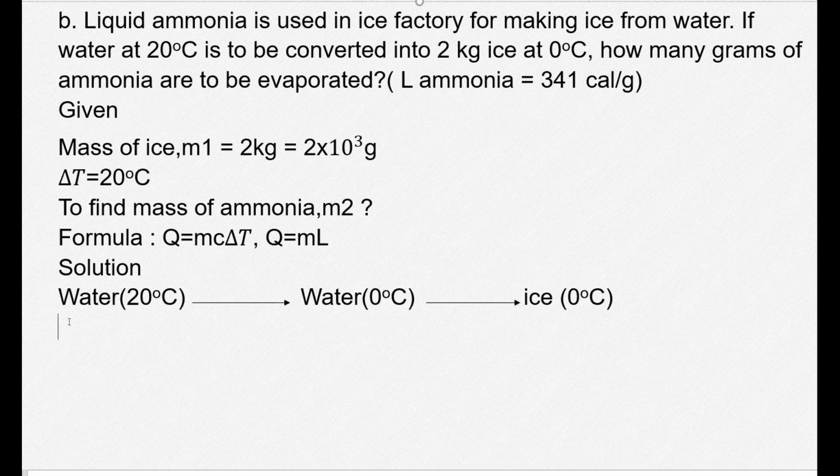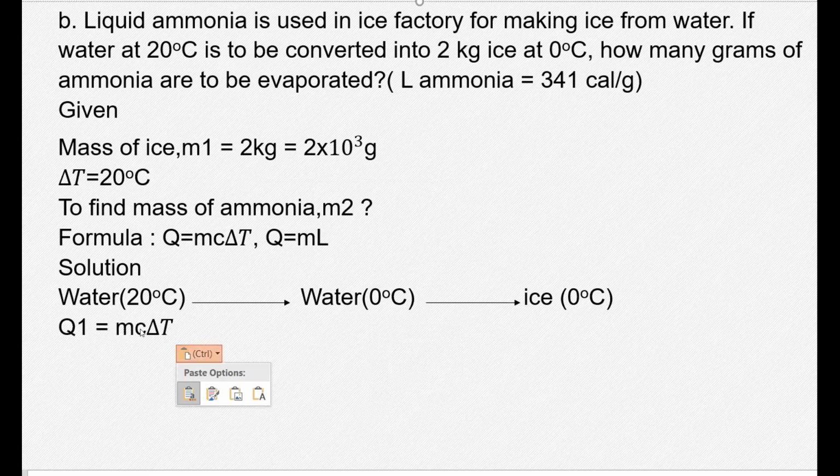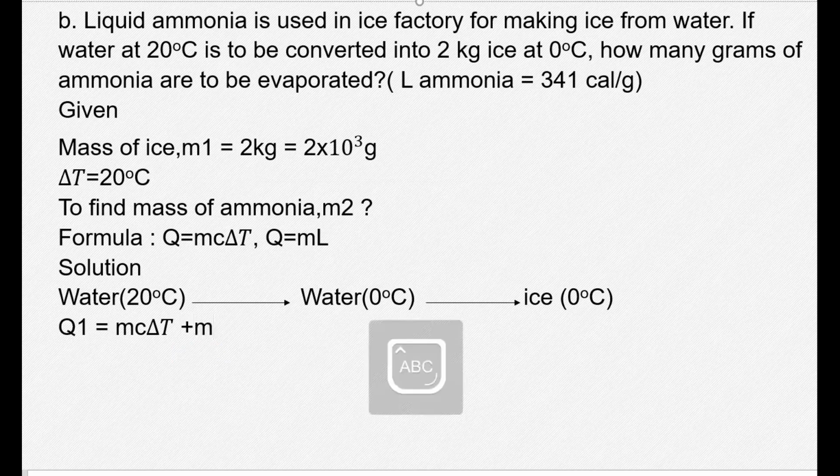So let us write, that means water lost heat. Let the heat lost be represented by Q1. Q1 is equal to, we have to write the formula. The first formula is mc delta T. So we can write the amount of heat lost is mc delta T plus ml. Understood?